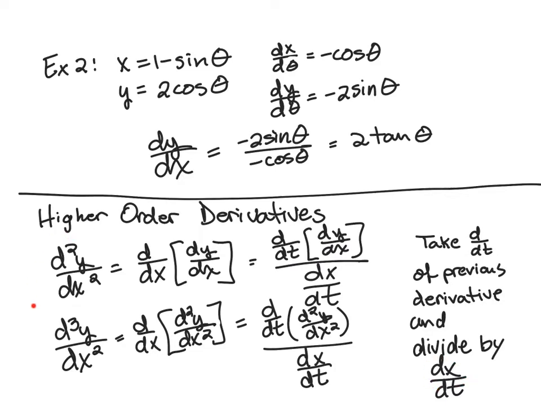So the second derivative is the derivative of the first derivative divided by dx/dt. The third derivative with respect to x, 3 times, is going to be the derivative of the second that we just found in the previous step divided by another dx/dt, and you can keep going in that manner.